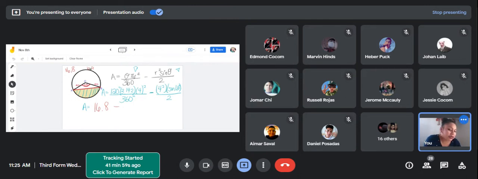For the second part, you guys are going to do 4 times 4 times sine of 120, and then equal sign. 4 times 4 times sine of 120, equal sign, right?